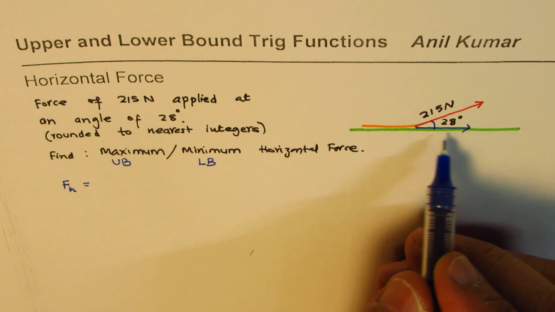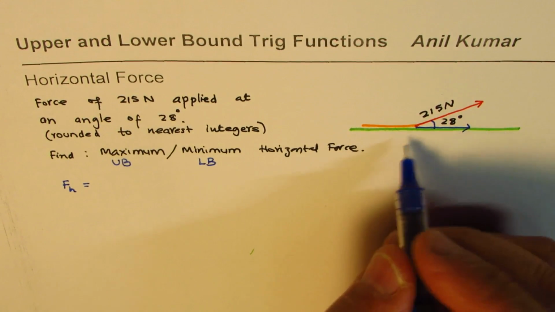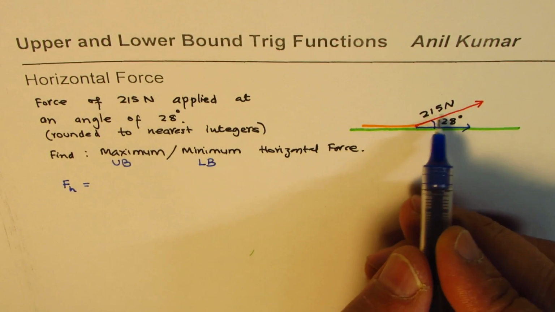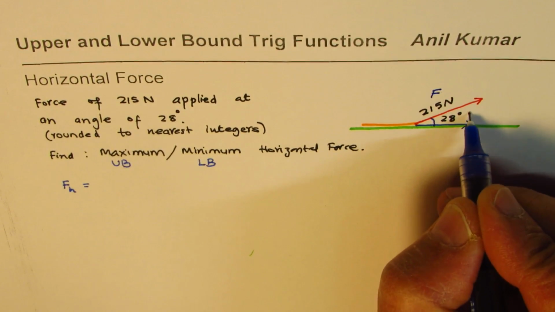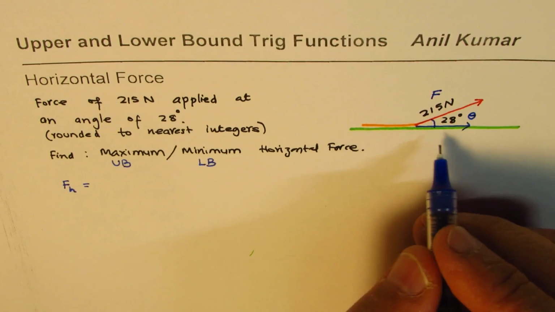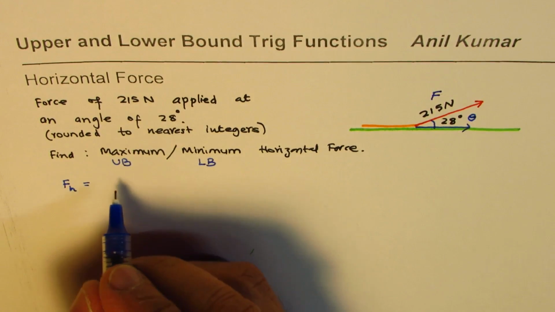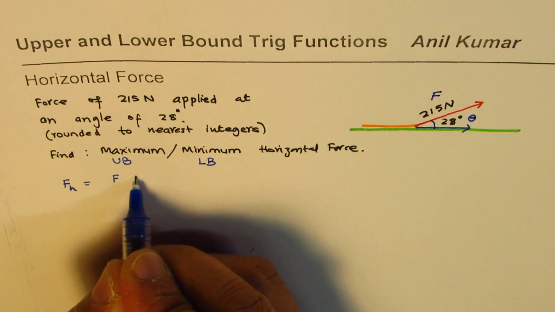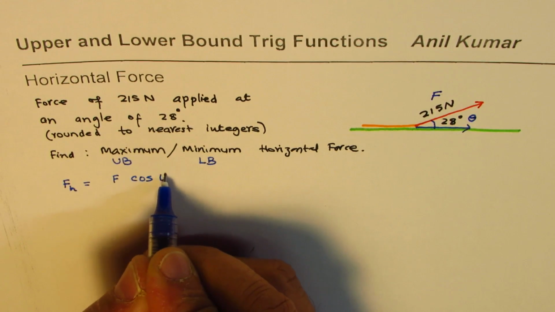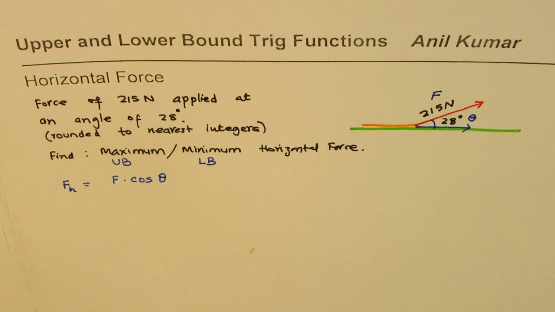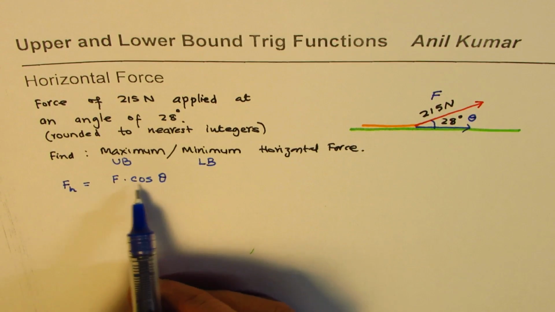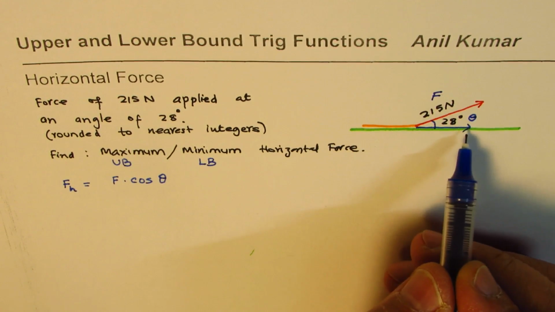So in trigonometry, we know this component will be equal to, let us say this is the force F and the angle is theta. In that case, this force will be F times cos of theta. So the horizontal force is F times cos of theta.